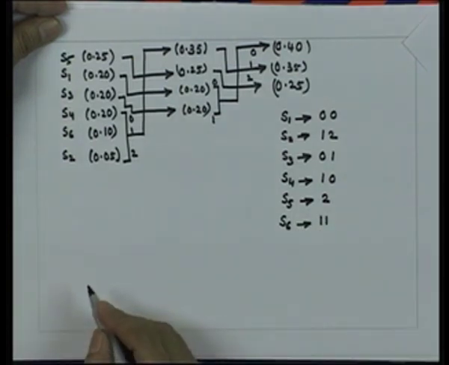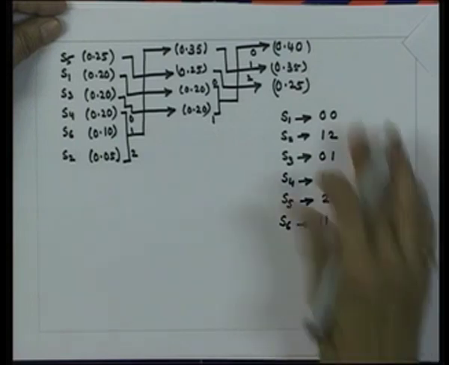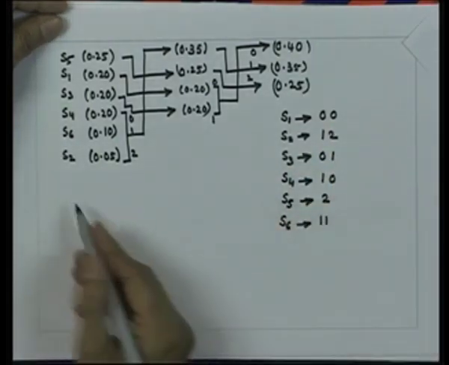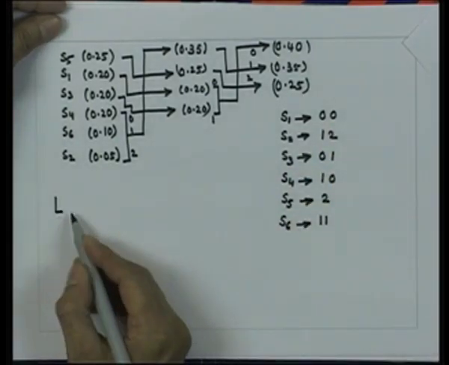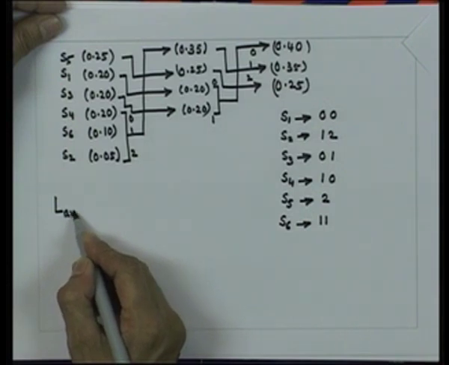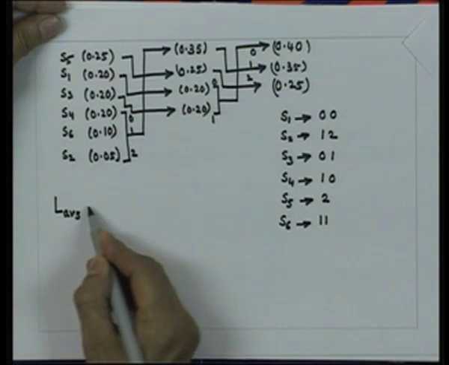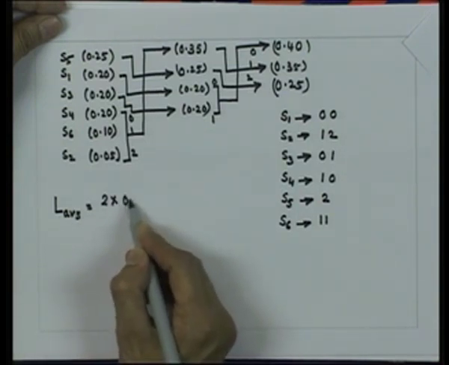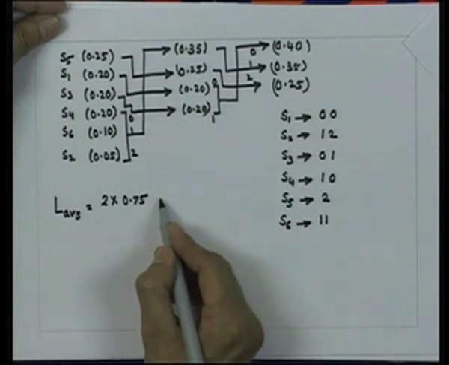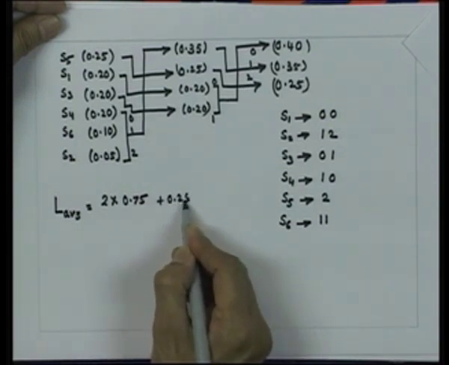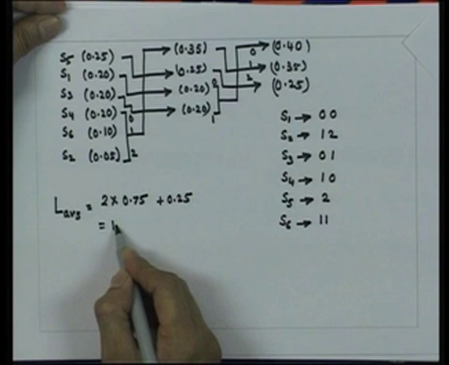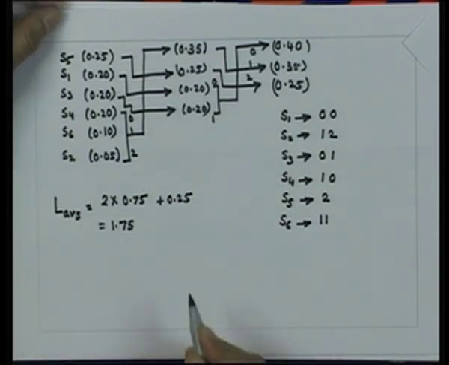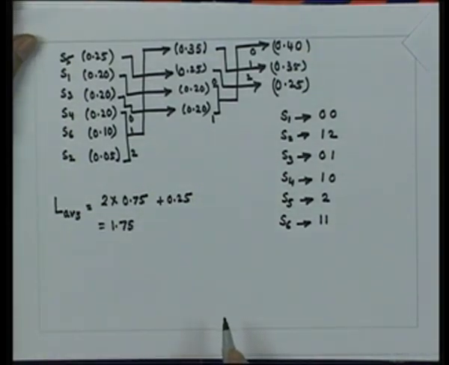And again I can draw the tree for this, and the average length in this case let us call as average length 3, that turns out to be 2 into 0.75 plus 0.25 is equal to 1.75 ternary digits per symbol.